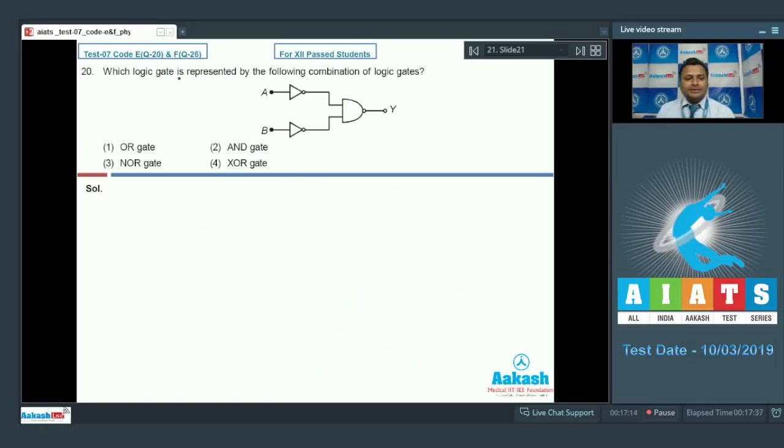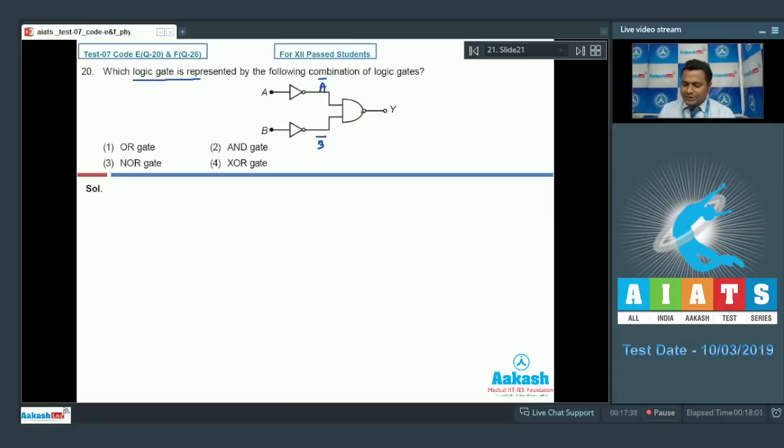Here is question number 20. Question belongs to the section logic gate. Which logic gate is represented by the following combination of logic gates? So let's say here A is connected with a NOT gate and B is also connected with a NOT gate. So as output you will get A bar. Output of the second NOT gate you will get B bar.